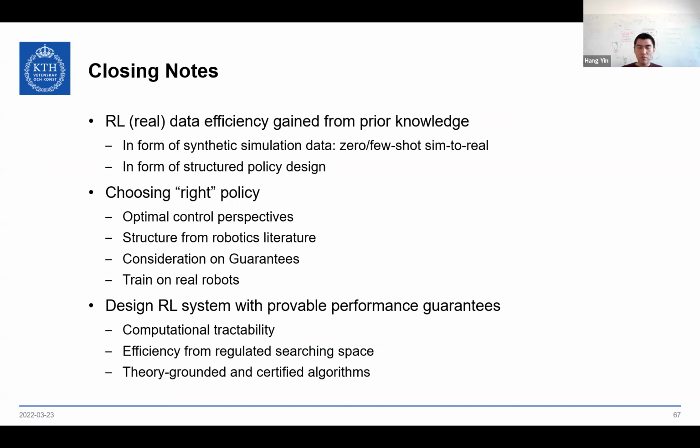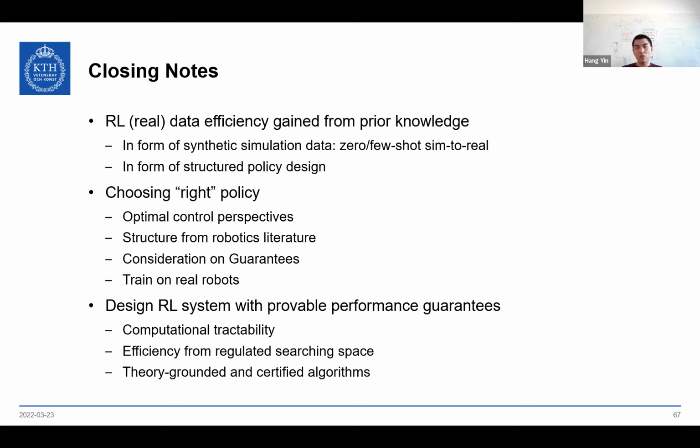Another topic that is often overlooked is how we can design a reinforcement learning system with some kind of provable correctness. This will help us a lot to deploy such systems in the wild and convince people that this learning is acceptable.